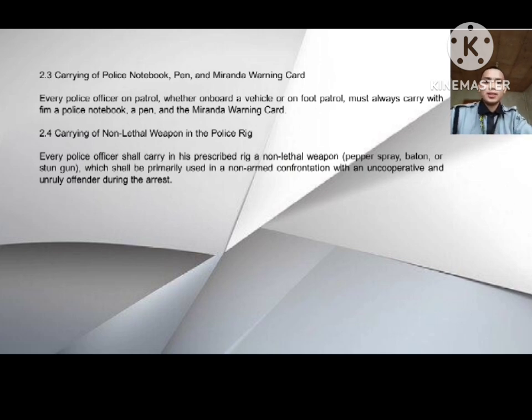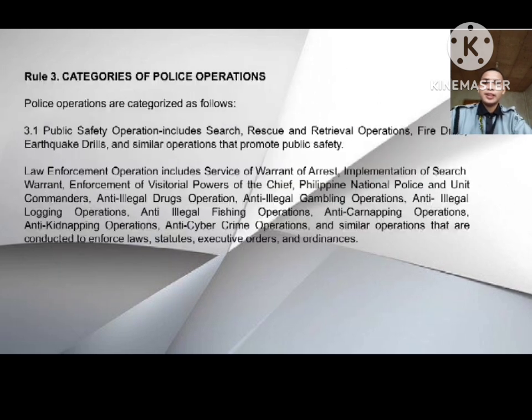Okay, so to continue, next is Rule number 3, which talks about police operations as categorized as follows. So we have public safety operations, which include search, rescue, and retrieval operations, fire drills, earthquake drills, and similar operations that promote public safety.